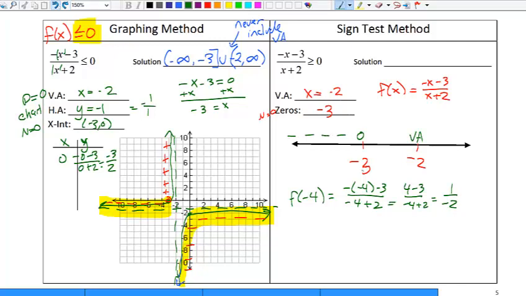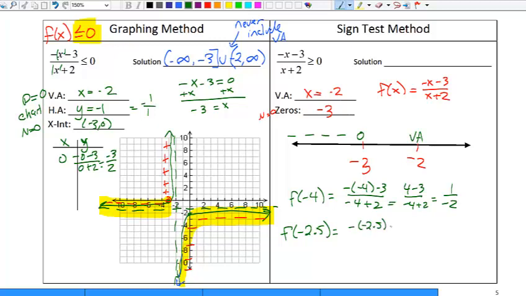So I need to pick something in the next interval between -3 and -2. There aren't any whole numbers between -3 and -2, so I'm going to have to pick some sort of decimal. I'm not actually allowed to pick -3. I already know that's 0. I can't pick -2. That's the vertical asymptote and it's not defined there. So I'm going to pick -2.5. Normally I don't really like picking a decimal.